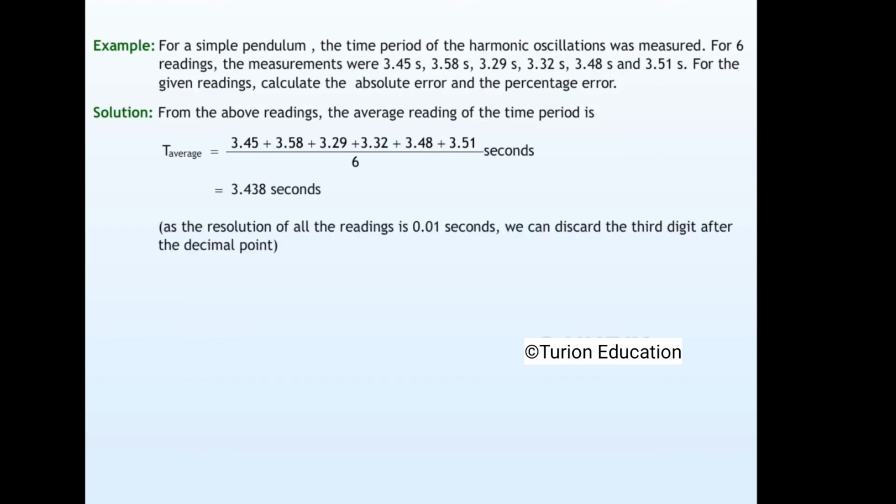As the resolution of all the readings is 0.01 seconds, we can discard the third digit after the decimal point. Thus, T_average equals 3.43 seconds.